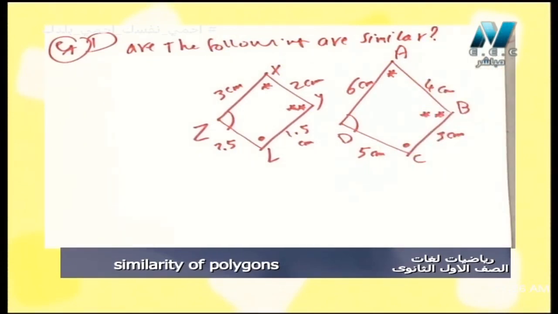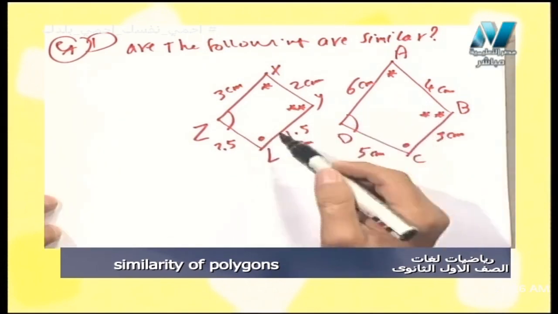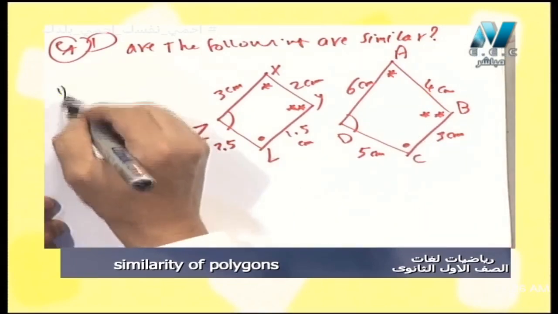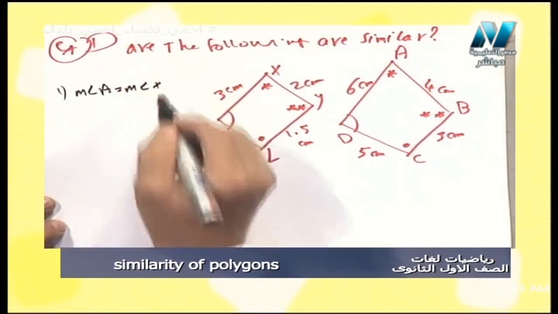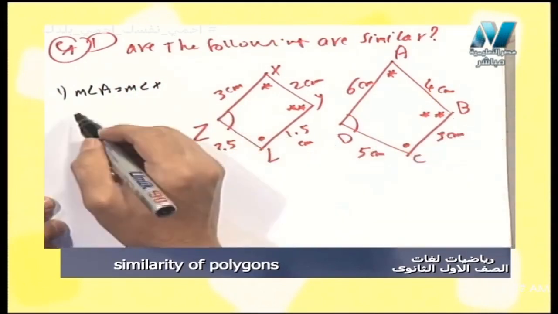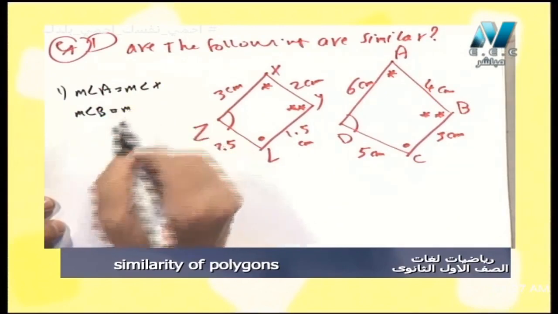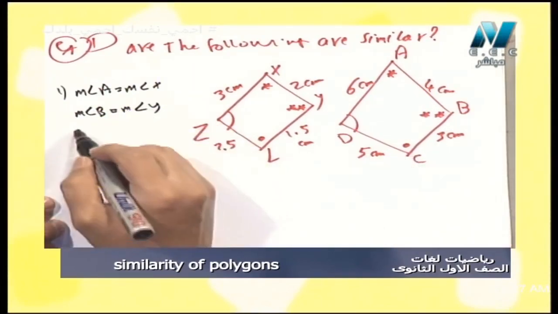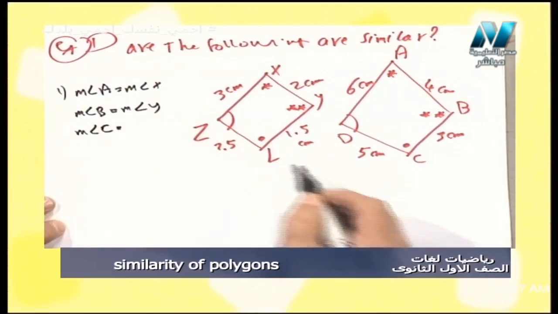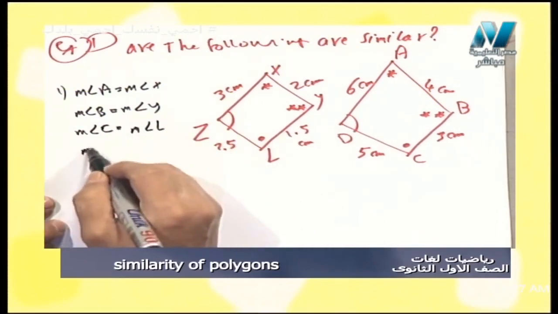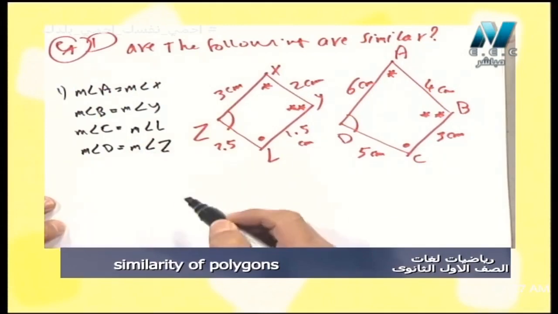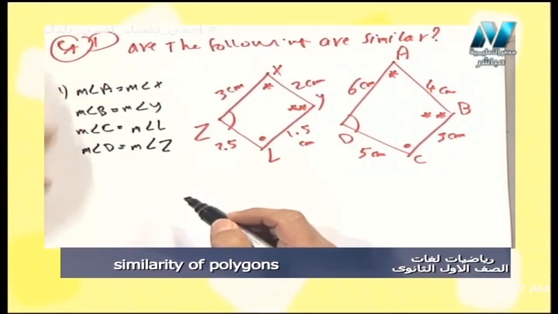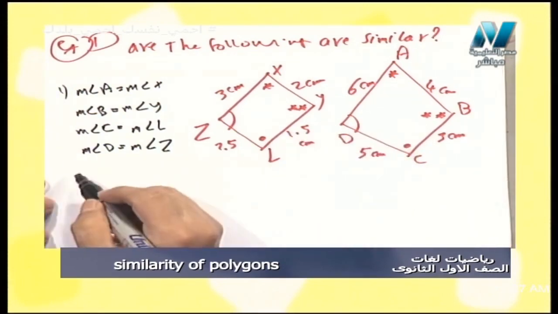If we have here two quads with the same number of sides, the first condition is measure angle A equals measure angle X, measure angle B equals measure angle Y, measure angle C equals measure angle L, measure angle D equals measure angle Z. So we have the first condition, which is that each two corresponding angles are equal in measure.